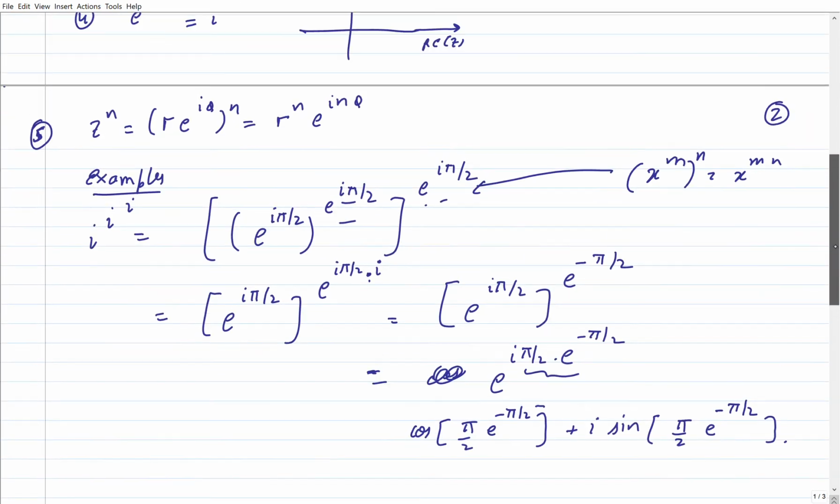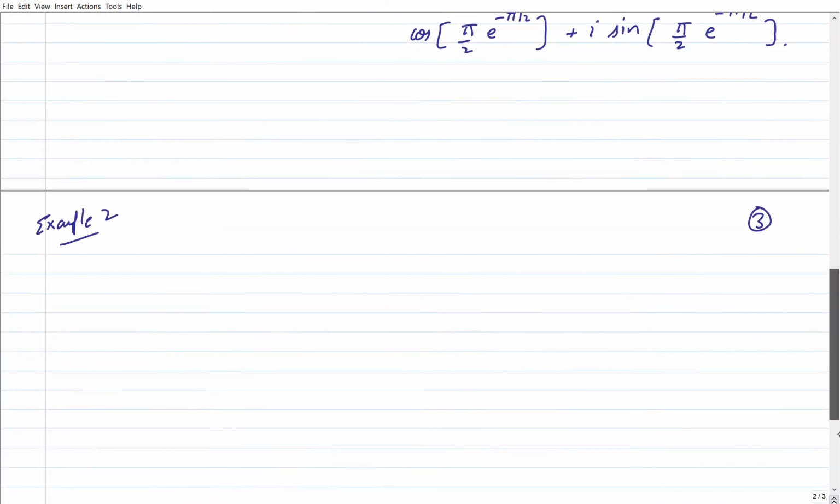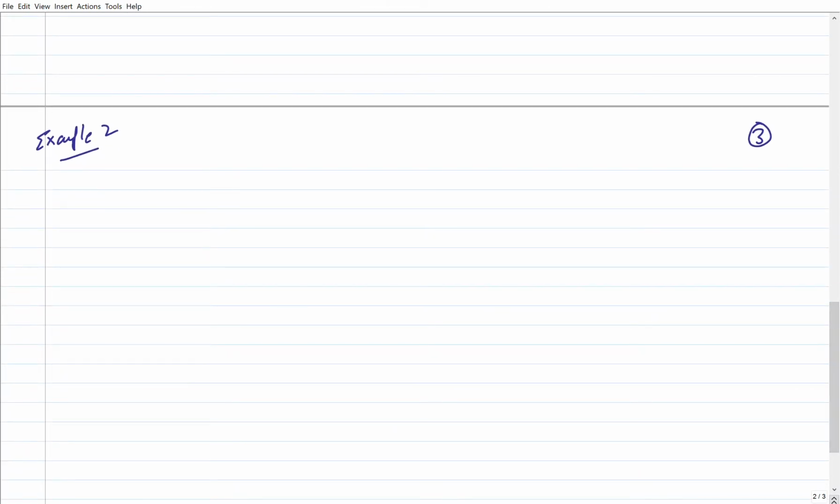So let's take another example, example 2. Let's say I need to evaluate the summation from 0 to infinity of iota pi to the power 2n plus 1, divided by 2n plus 1 factorial.